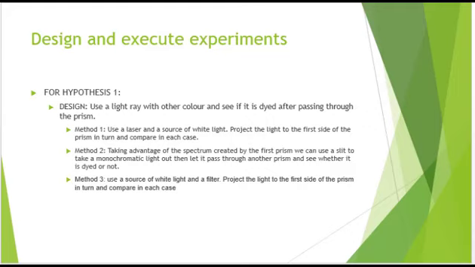Method 2: they take advantage of the spectrum created by the first prism, and we can use a slit to take a monochromatic light and then let it pass through another prism and see whether it is dyed or not. Method 3: they can use a source of white light and a filter, project the light to the first side of the prism in turn and compare with each other.